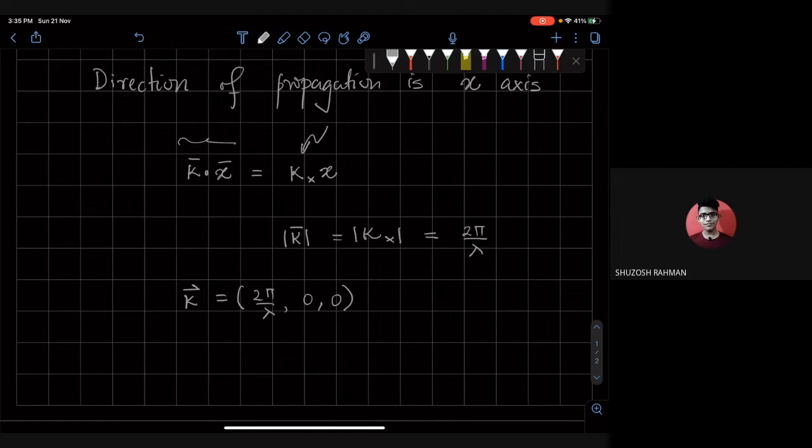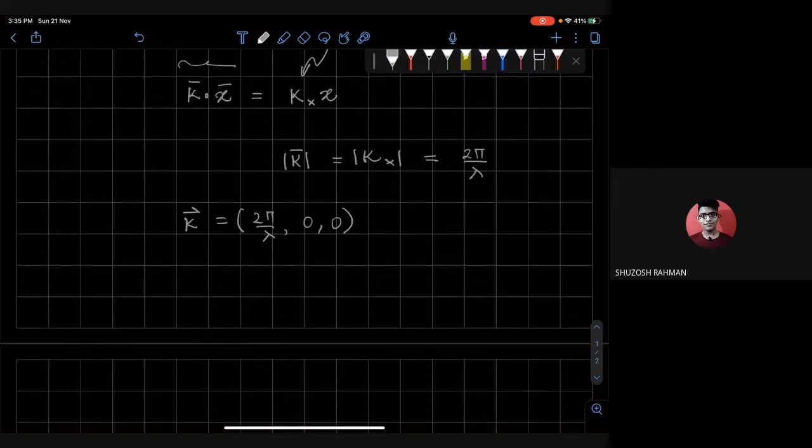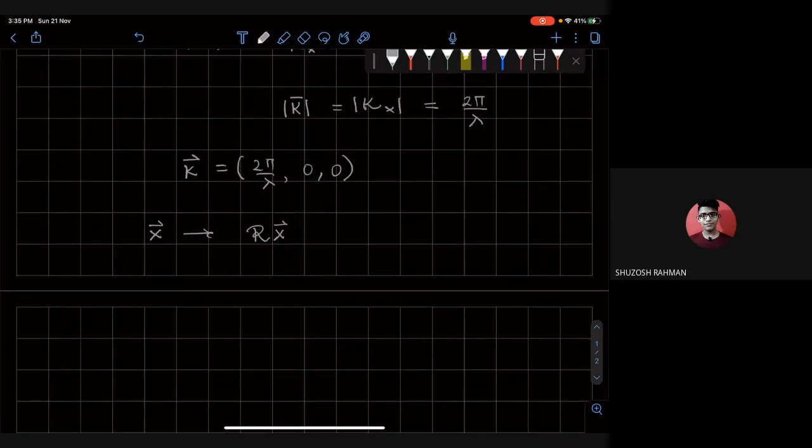Yes. Okay. Now, suppose I change my coordinate system and rotate it to some other coordinate system, so that what was x goes to some 3 by 3 rotation matrix R acting on the column matrix x, right? We know we can do this. Now, since k dot x is a scalar, it is not going to depend on what coordinate system we use.